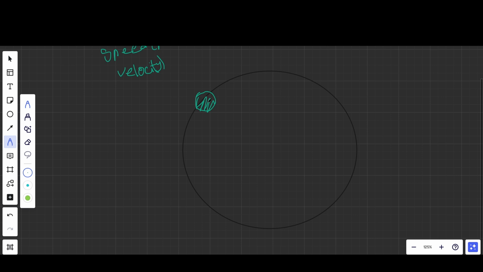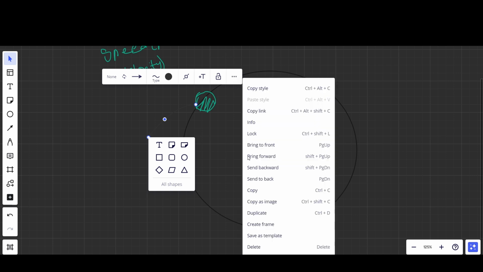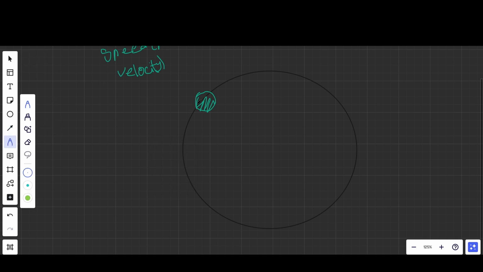So our velocity vector at this point should kind of point, well, here. Nope, that's not really what I want. Delete. I'm just gonna draw it by hand. Alright, so the velocity vector is kind of like this. So that's our v.